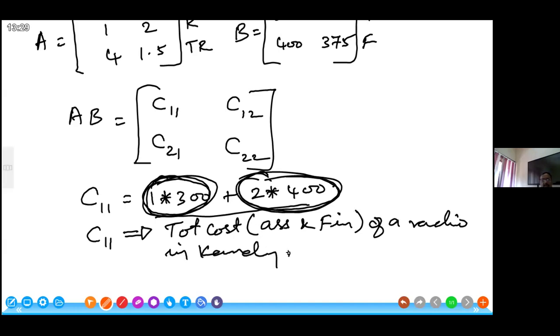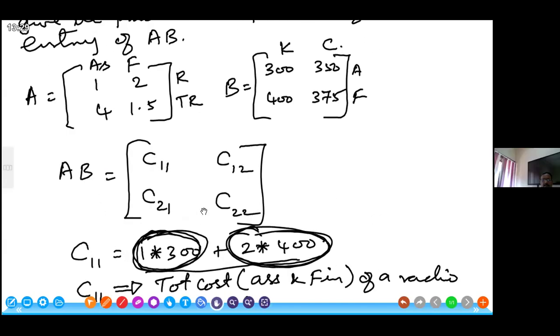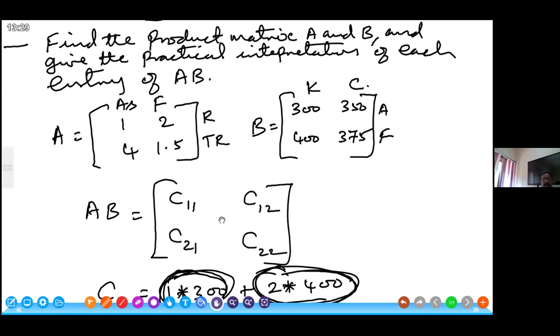Can I say like that? Yes, sir. So this is how matrix multiplication will work. C11 is the total cost for a radio to be manufactured in Kandy.